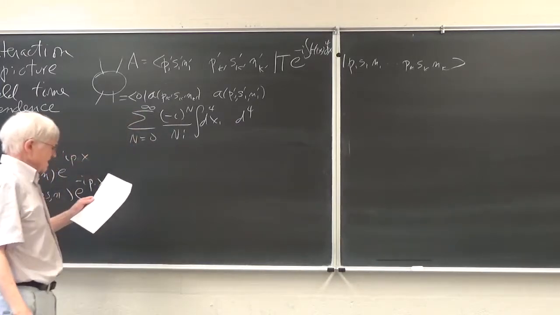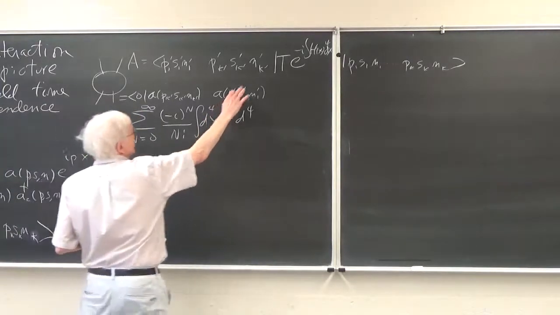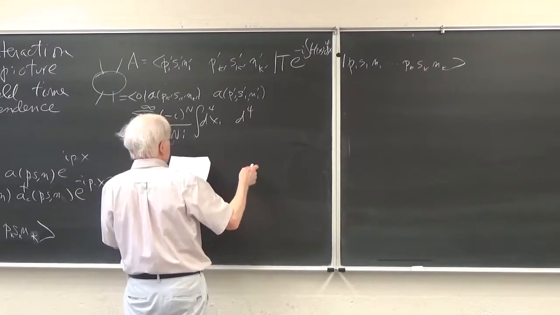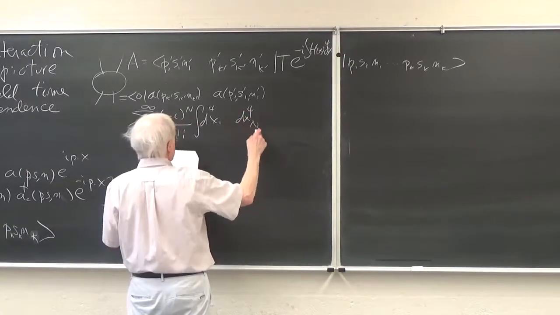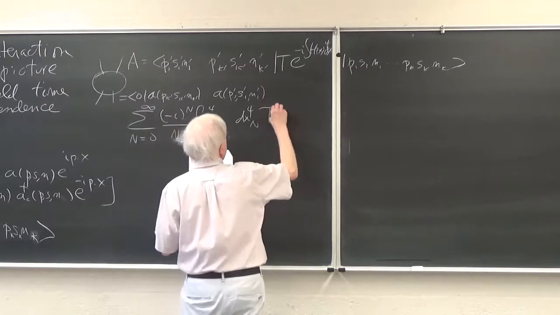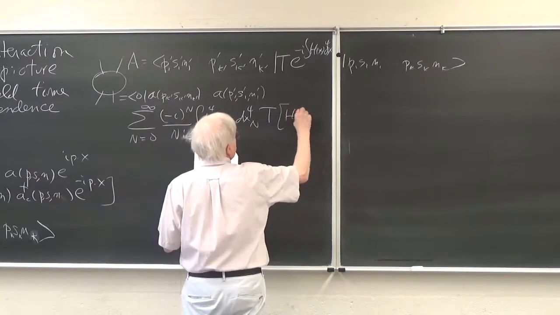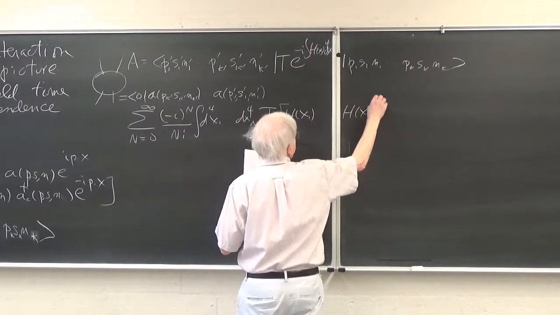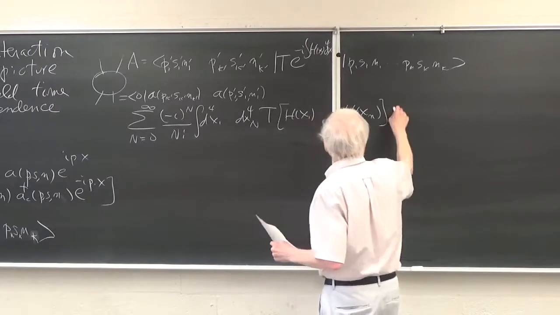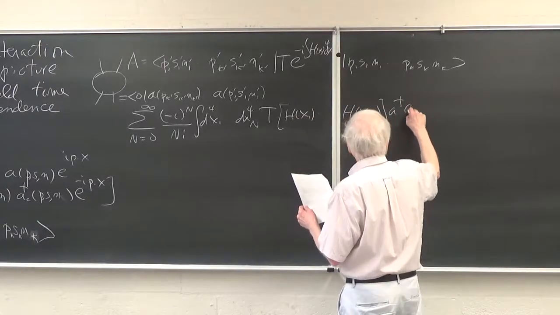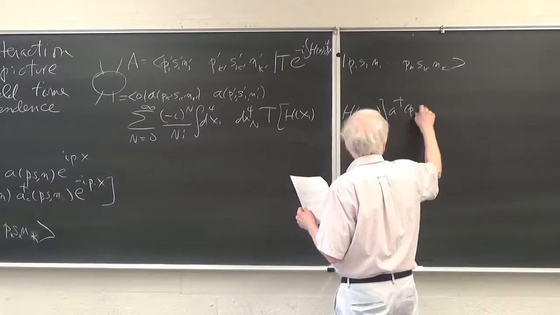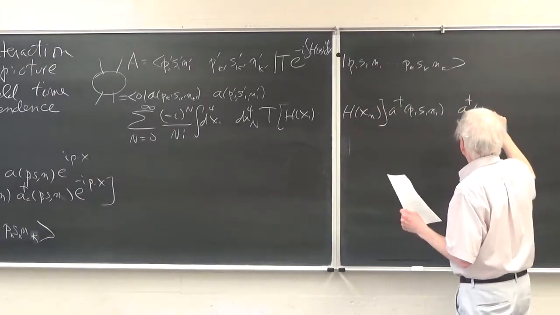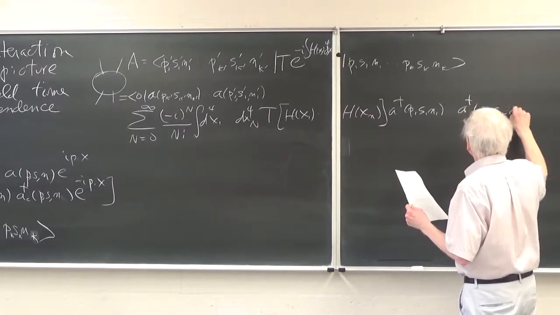Since I switched to K, these N's took the variable in and out. Time-ordered product of H of x1 through H of xN, and then A dagger of p1, s1, n1 through A dagger of pK, sK, nK.